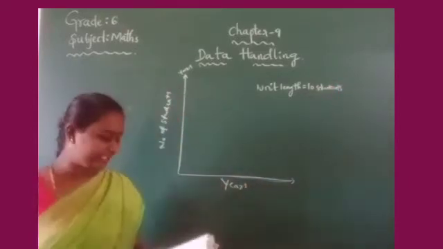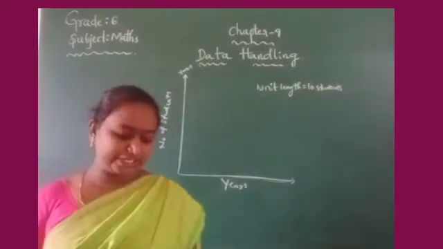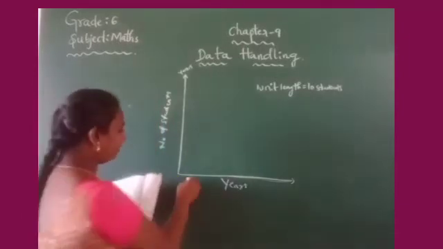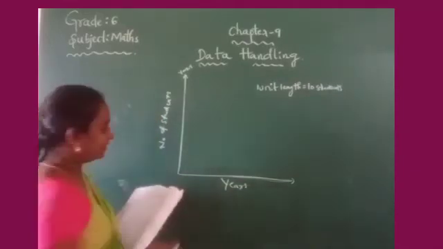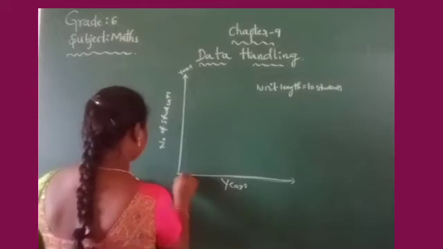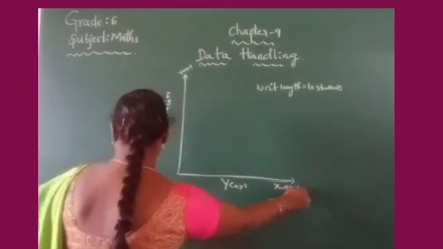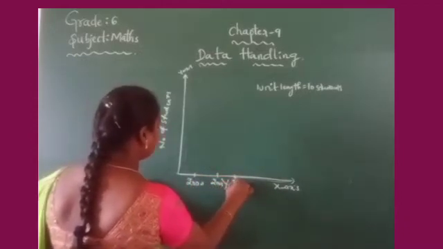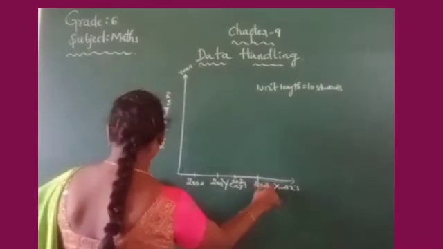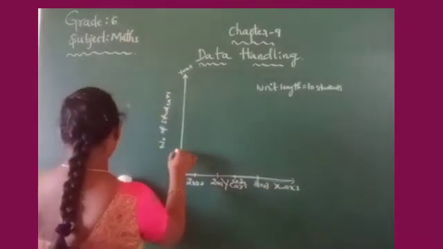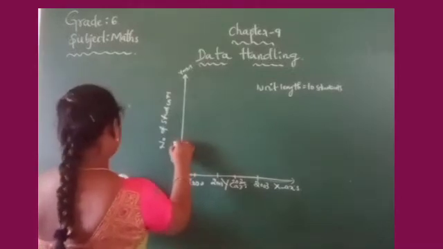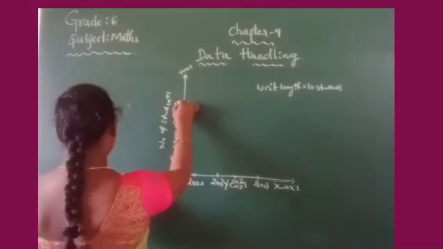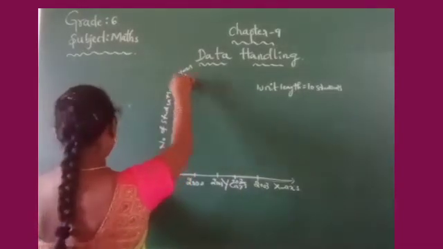On the x-axis the years are 2000, 2001, 2002 and 2003. On the y-axis are 10, 20, 30, 40, 50, 60, 70, 80 students.